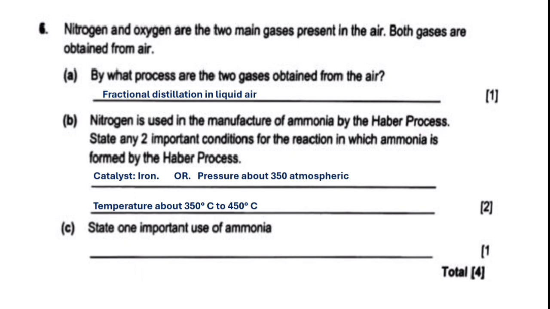We move on to the last question of the first one. State one important use of ammonia. What is the important use of ammonia? It is used in the manufacturing of fertilizers or in the making of nitric acid.